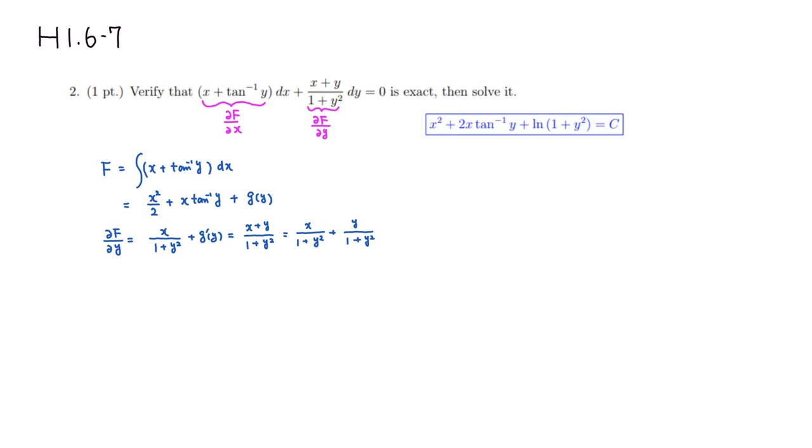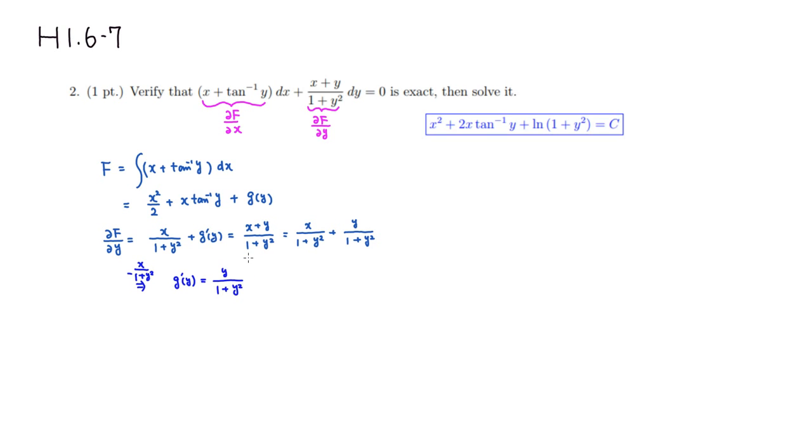So you can see that we can subtract x over 1 plus y squared from both sides. Then you're going to get g prime of y is equal to, so that's gone, y over 1 plus y squared.